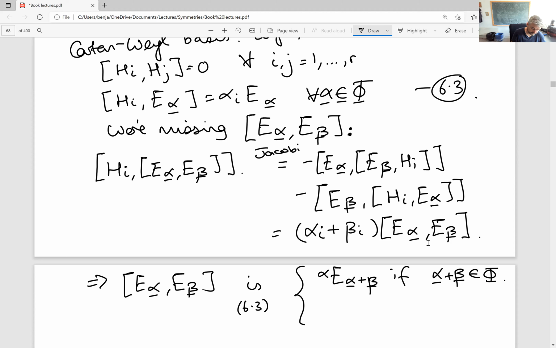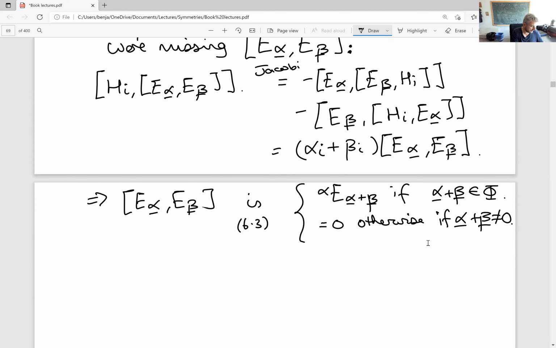And it also implies that it has to be 0 otherwise, as long as alpha plus beta is not 0. Okay, so we know what the bracket's going to be, except for this one case where alpha plus beta equals 0. And that's the last case to work out.